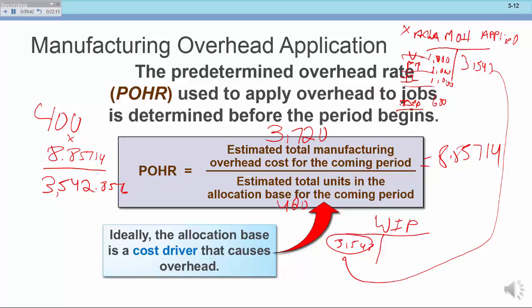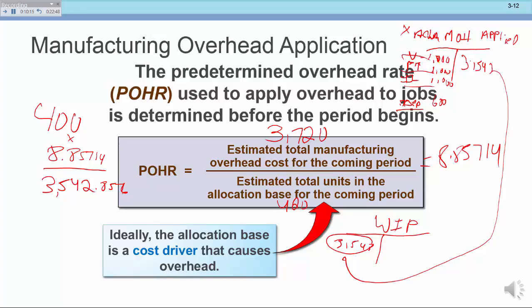We would have also debited, I'm showing you the whole journal entry up here on the board now, work in progress for the applied amount, which is what, 3,542? 3,543? 543, and I would have credited the manufacturing overhead applied for 3,543, right?